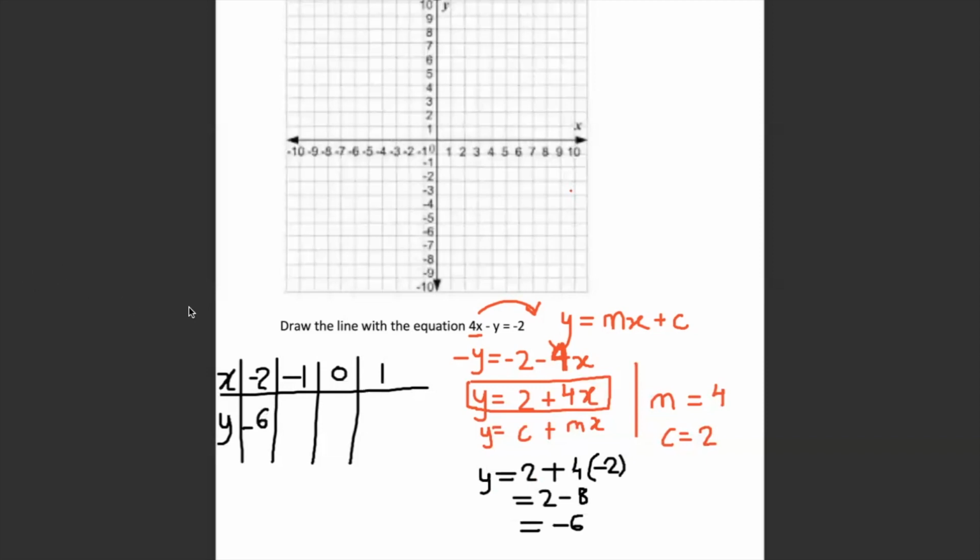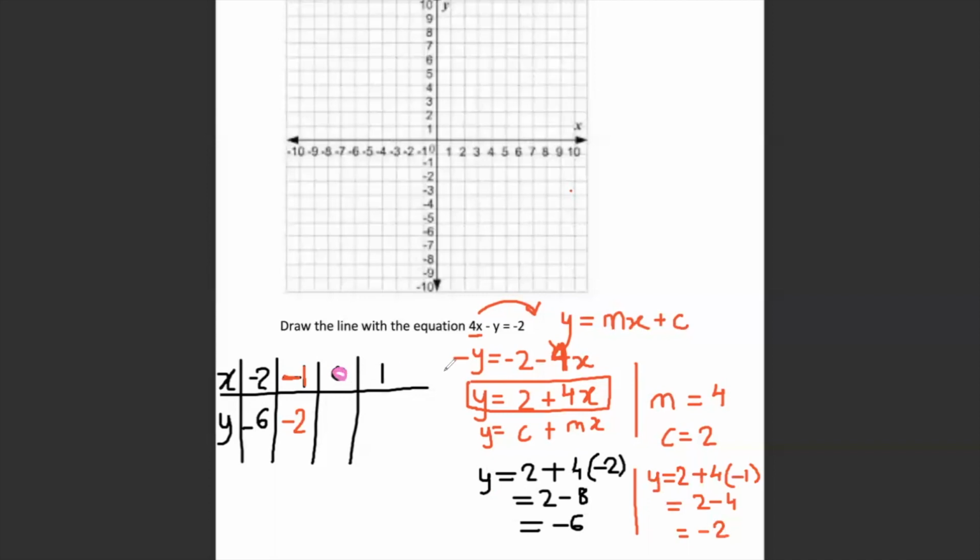Okay, let's work it out for x equals minus 1. So for x equals minus 1, y will be 2 plus 4 times minus 1. So that is 2 minus 4, which is just a minus 2. So we have a minus 2 there. The next value for x is a 0.